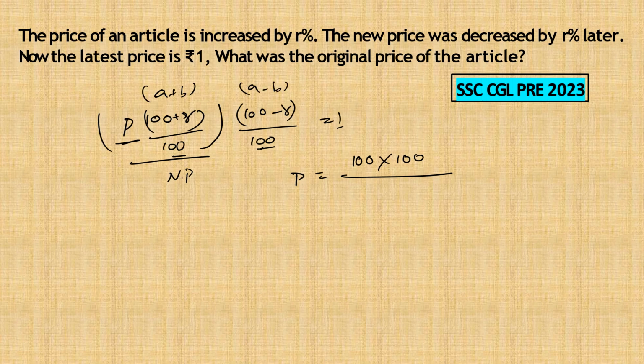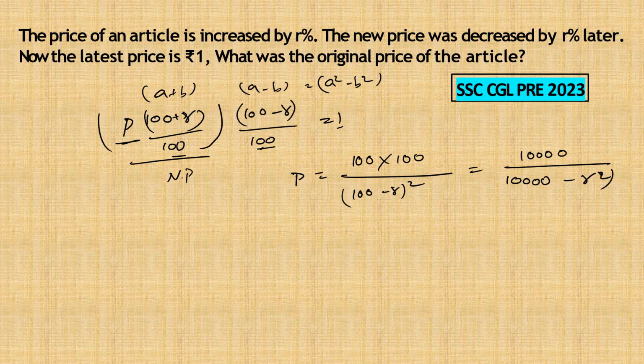If you multiply here, we will get a square minus b square, that is 100 minus r whole square. You can write it as 4 zeros. Okay, 100 square is also 10,000, again minus r square is a variable.